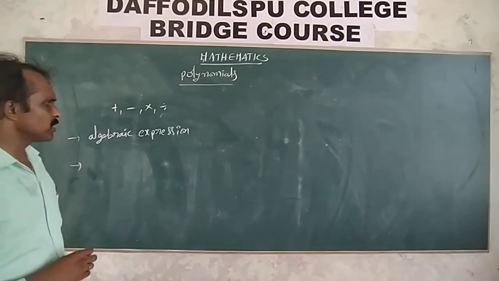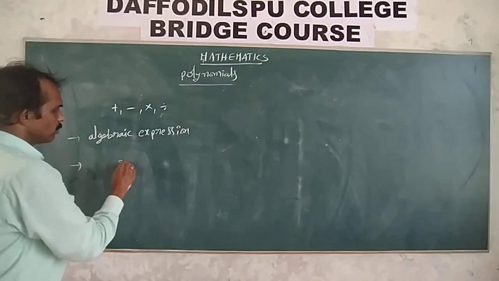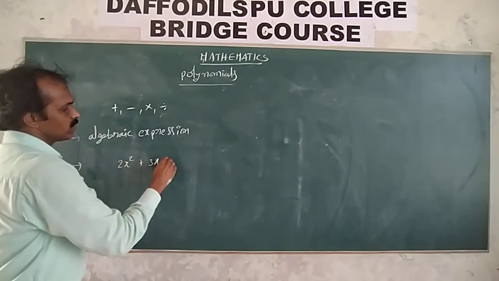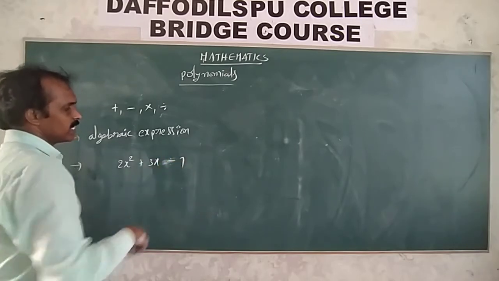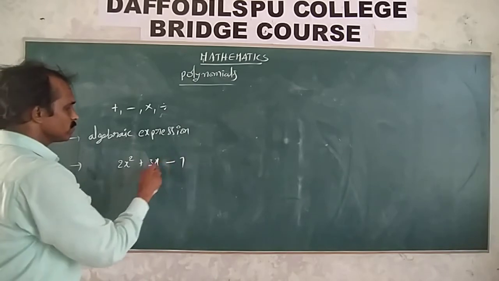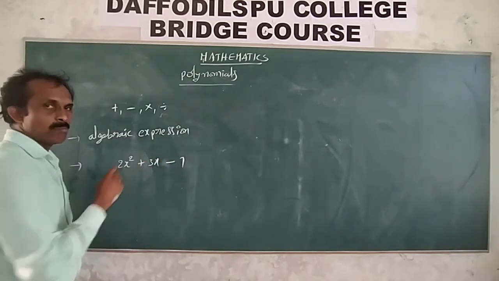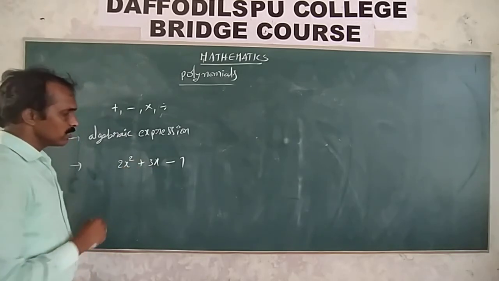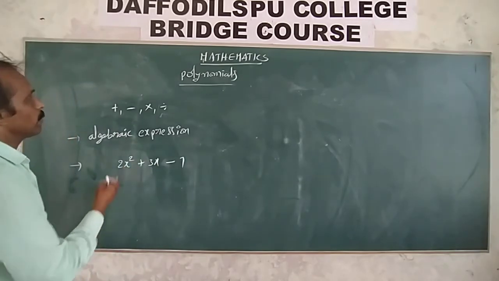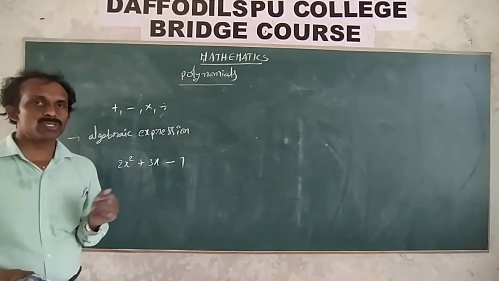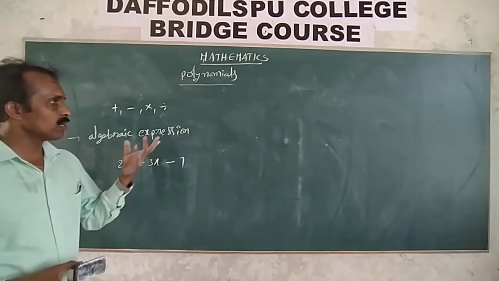In an algebraic expression, for example 2x square plus 3x minus 7, the parts separated by plus and minus symbols are called terms. Okay. First of all, a symbol having a constant value is called a constant.